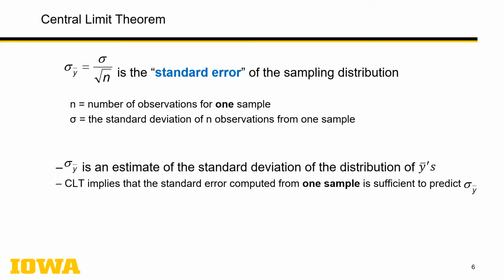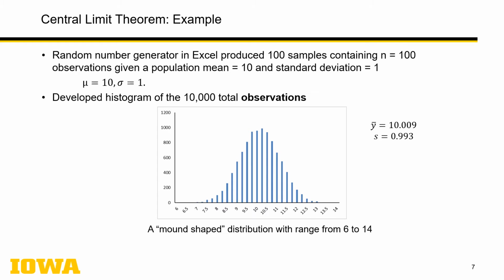The central limit theorem implies that the standard error computed from one sample is sufficient to accurately predict this standard error, or the standard deviation of all of your means. Okay, let's try to visualize that now.